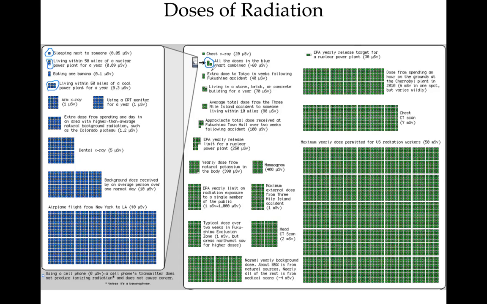This is how much you'll get. So you'll get basically not all of this radiation combined, but almost all of it. Living in a stone, brick, or concrete building for a year, 70 microsieverts. Interesting, huh?